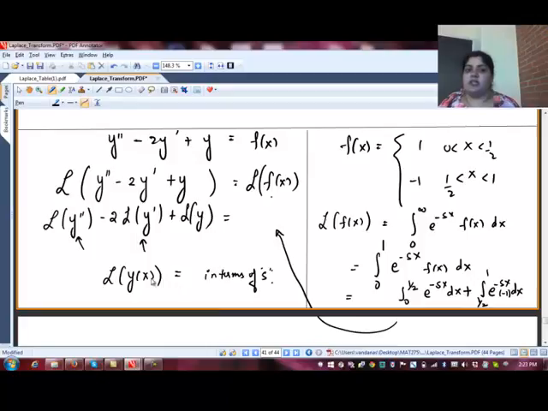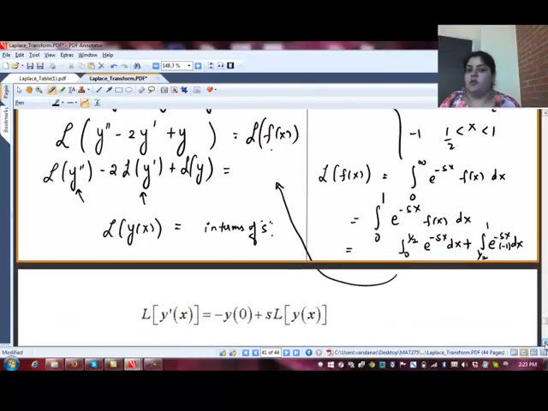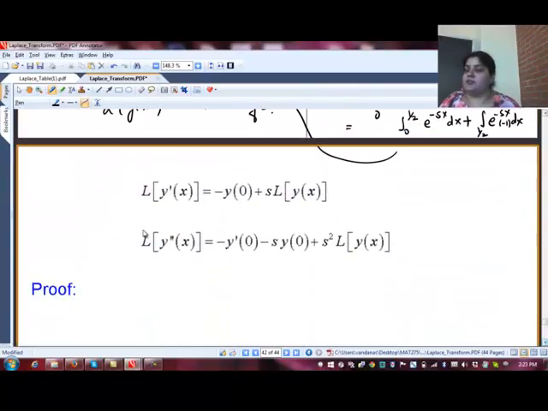So the big picture is, we will split the left hand side, convert everything into L of y, the Laplace transform of y, and we will compute the Laplace transform of the right hand side. Then once we have the Laplace transform of y(x) in terms of s, we will invert it to get the function y.